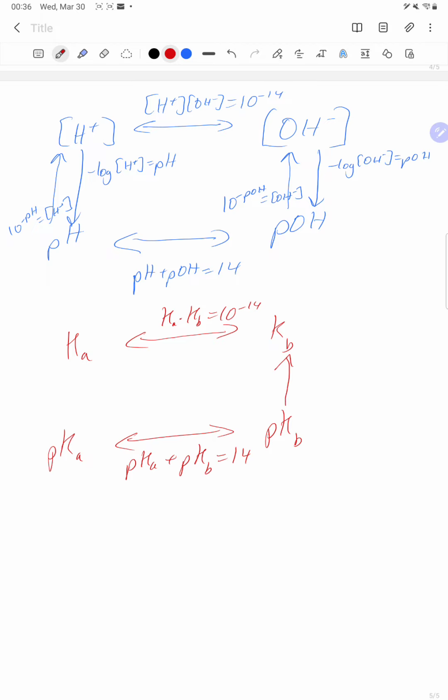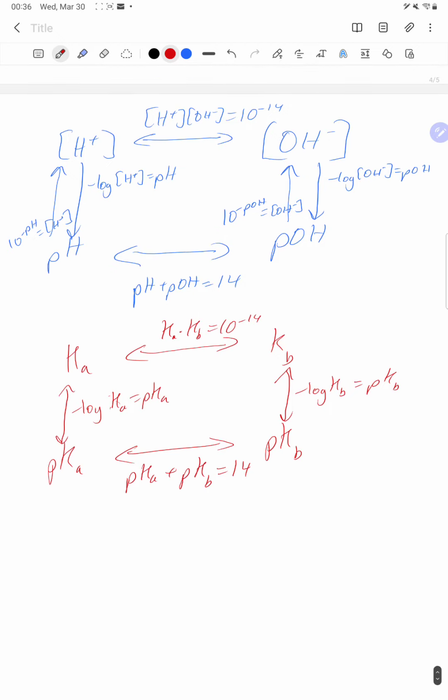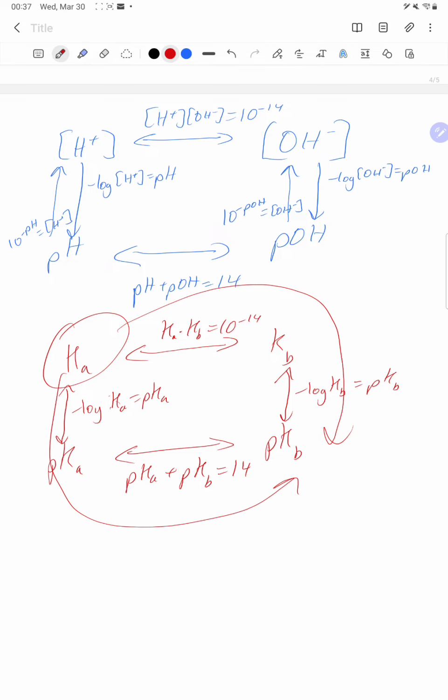To go between these, now I'm just going to write it once because I don't really want to. The negative log of Kb equals pKb. The negative log of Ka is pKa. Cool. So now you have all the relationships found. If they give you Ka, but you need pKb, you have to go around this way or you have to go around this way to get to it.